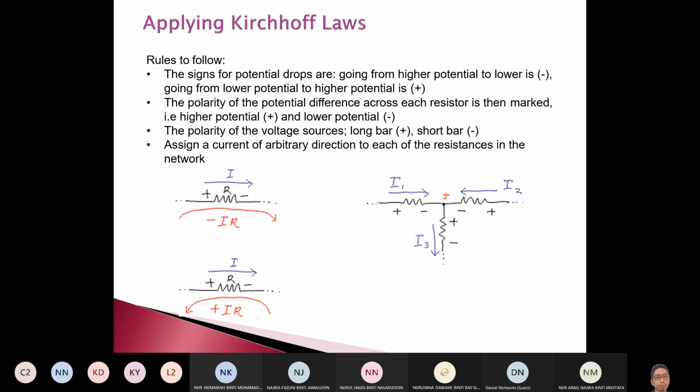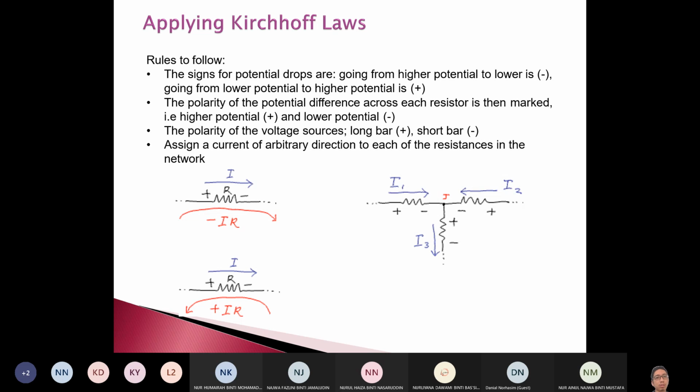If you see the current flowing to that side, then the voltage is minus IR, because it goes from positive to negative.